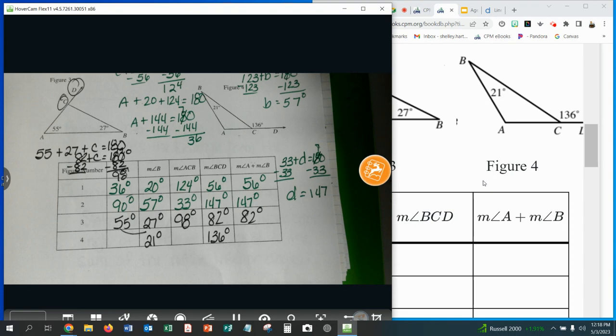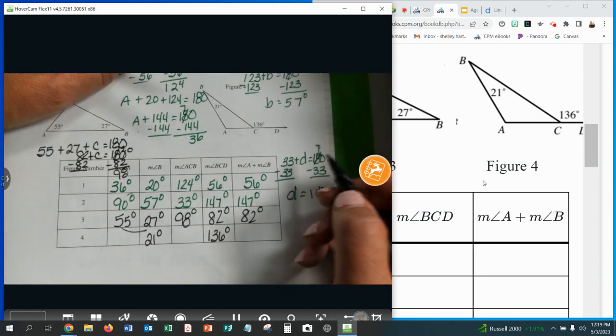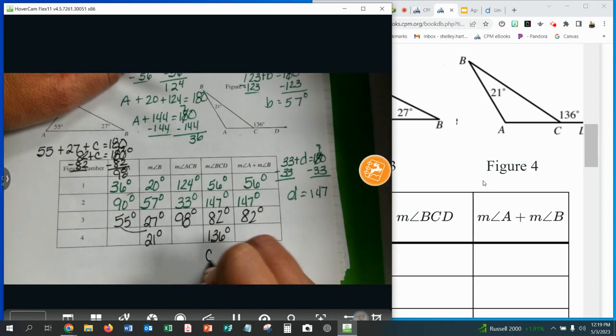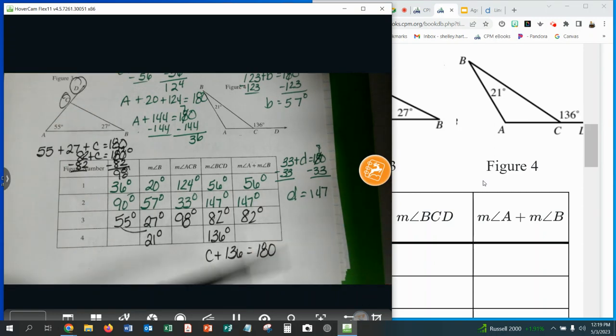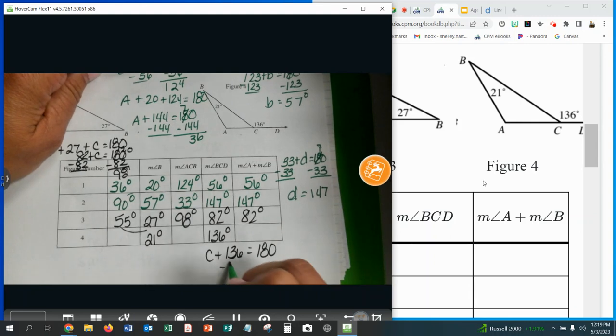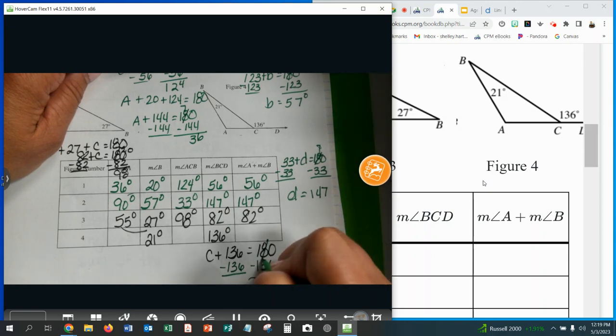So we have 136 degrees at D. So C plus D, which is 136, equals 180. We're going to subtract 136 from 180. We've got 44.